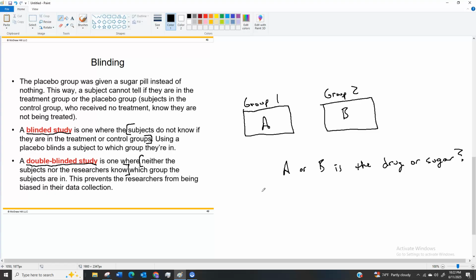If the researchers know group 1 is getting the medication, they could do things that could affect the outcomes. They could look at results a little differently. They could record results a little differently. They could speak to that group a little differently when they're gathering the data. So being double-blinded is even better than just a blinded study where the subjects don't know. It's even better if the researchers don't know which group is the control group and which is the treatment group.